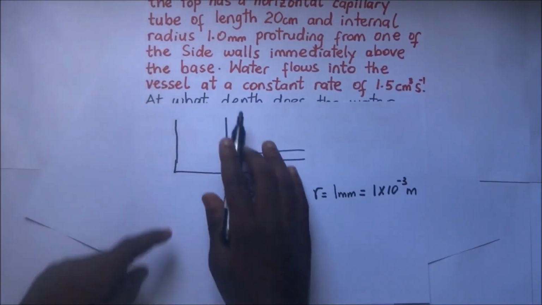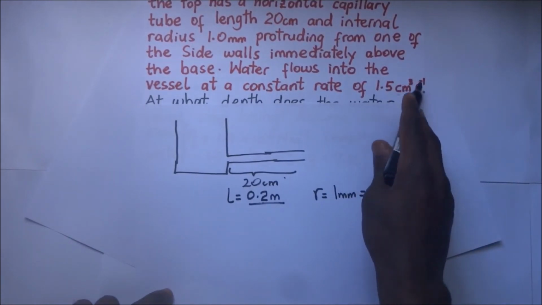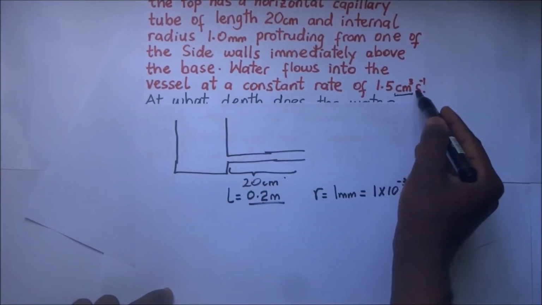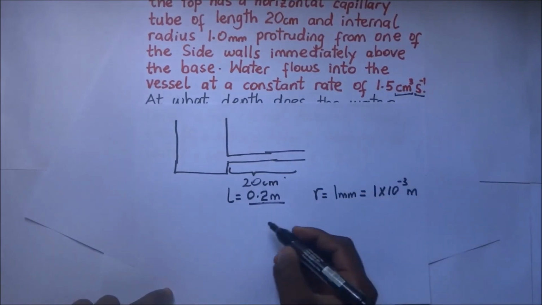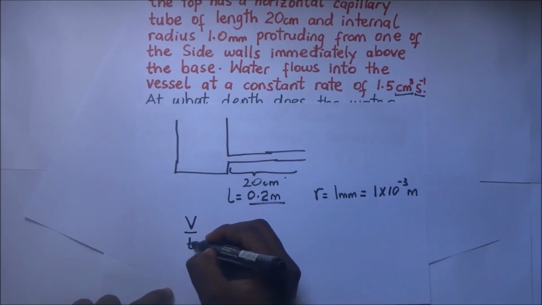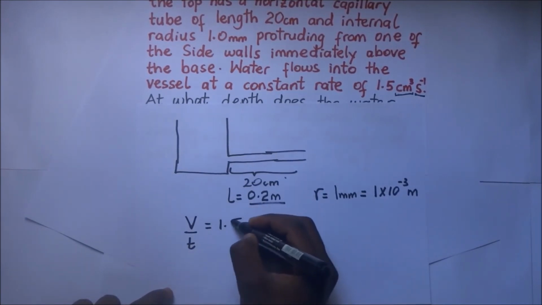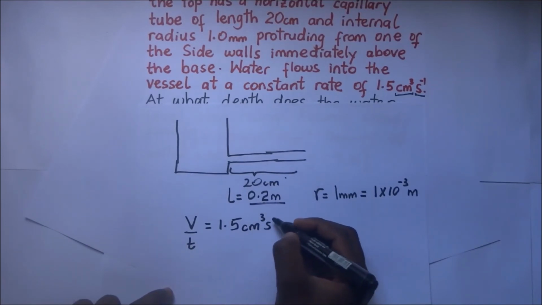Water flows into the vessel at a constant rate of 1.5 centimeters cubed per second. So this is centimeters cubed per second. Centimeters cubed is volume per second. So it means that the volume flow rate, let's call it V over T, is 1.5 centimeters cubed per second.